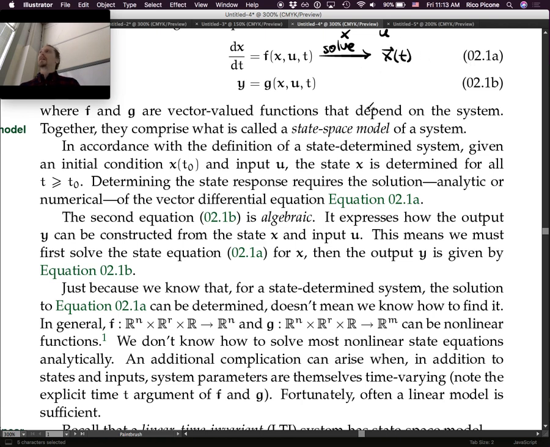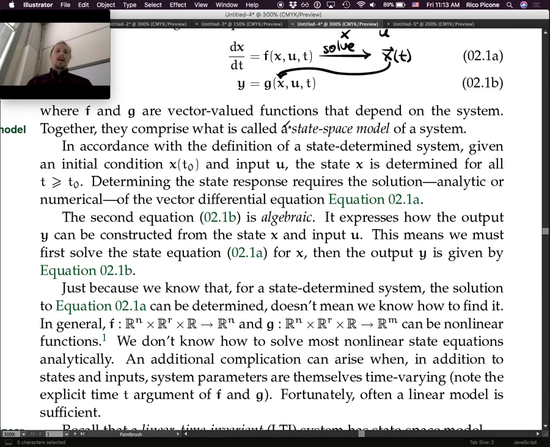So it tells us what our state variables do for all time greater than or equal to 0. We take that and plug it into this equation, and that gives us y. The second part's pretty easy. The first part's the hard part, solving the differential equation. And that's actually not that bad, as we'll see.